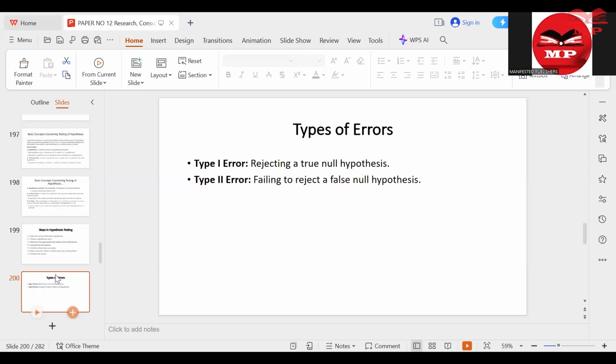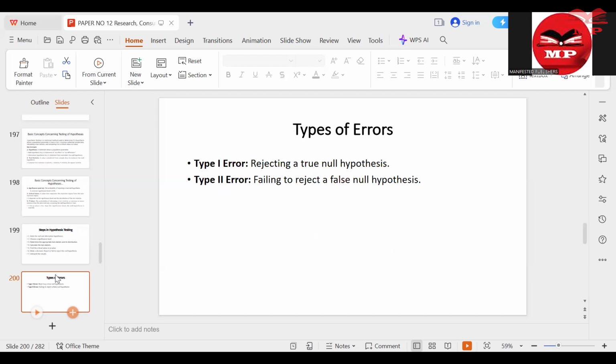We mentioned types of errors when it comes to the aspect of testing of hypotheses. So we have 2 types. Type 1 error is rejecting a true null hypothesis, where the null hypothesis is true but is rejected.